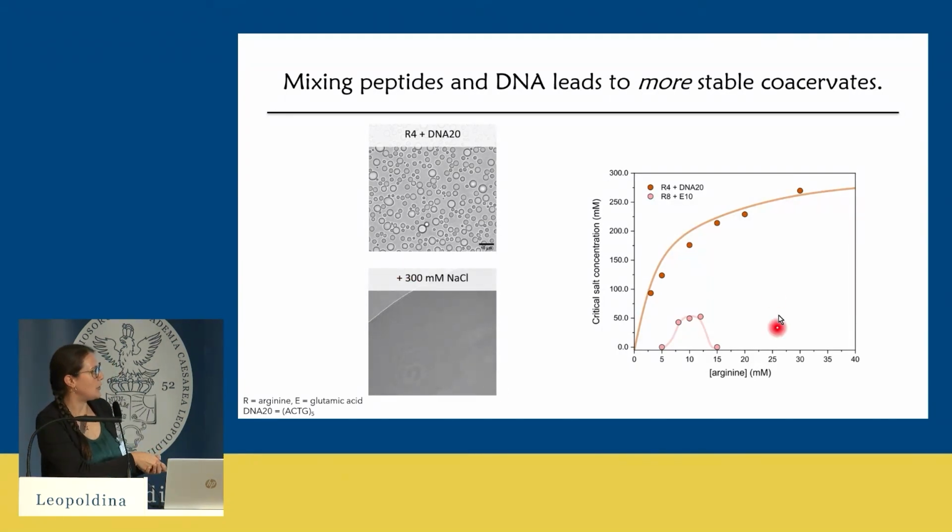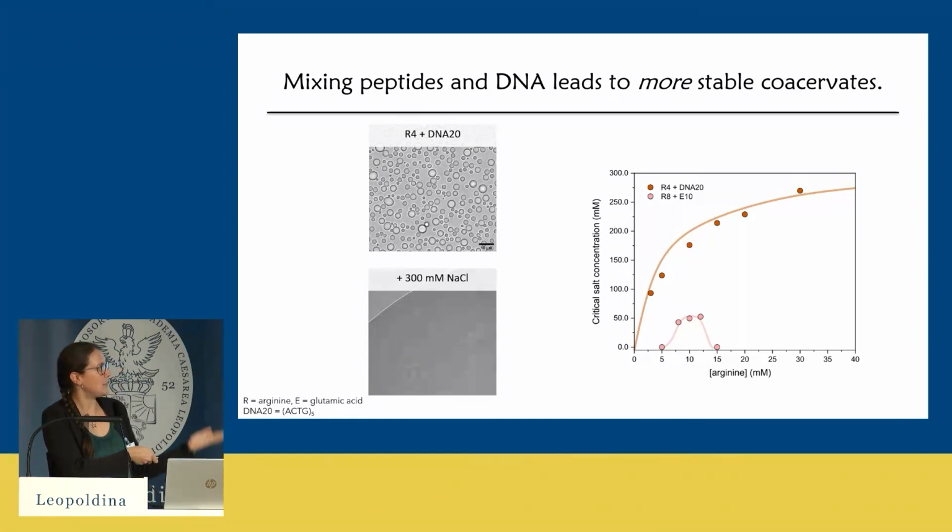First thing to notice is that the area underneath this curve is much, much, much smaller, meaning that the stability of coacervates made of peptides rather than mixed DNA and peptide is very different and much lower.